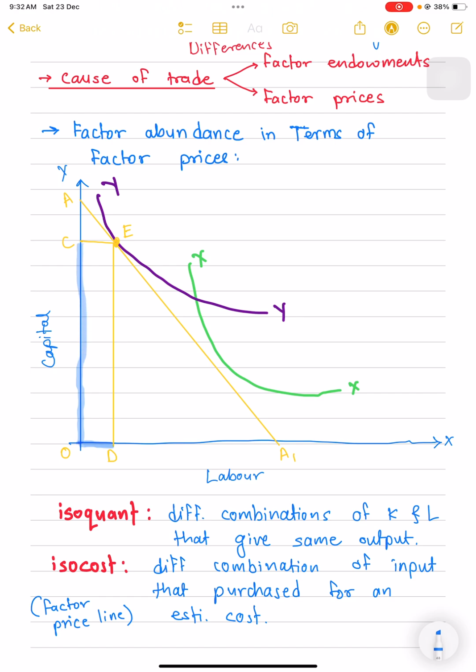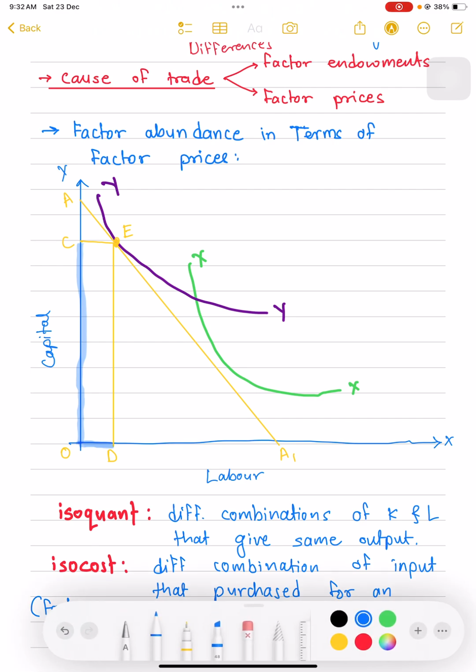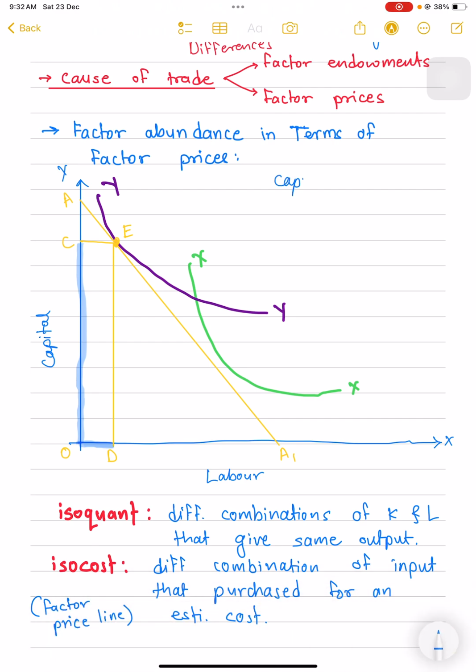Now you can see here, in order to produce one unit of Y, capital OC is required and labor OD is required. You can see from the diagram which is higher: OC.